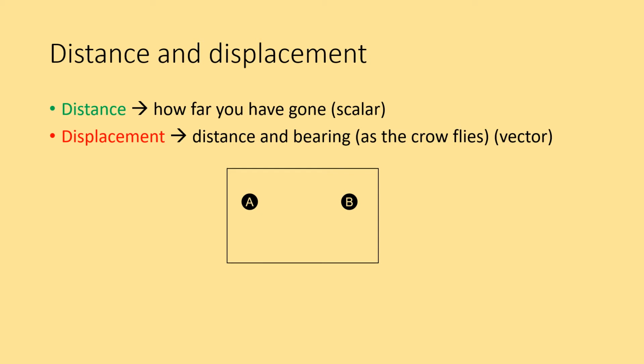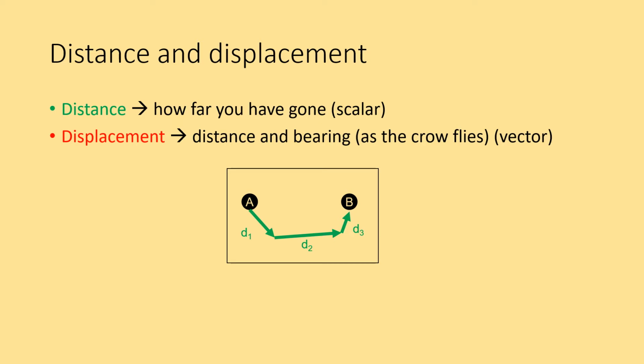And I could plot that distance in the following way. I could say that I'm going to move, let's have a look at a three-part journey instead of my meandering, but I'm going to go a distance, we'll call that D1, then I'm going to change direction, I'm going to go another distance, D2, and then I'm going to go a final distance, D3, and that's going to take me from point A to point B.